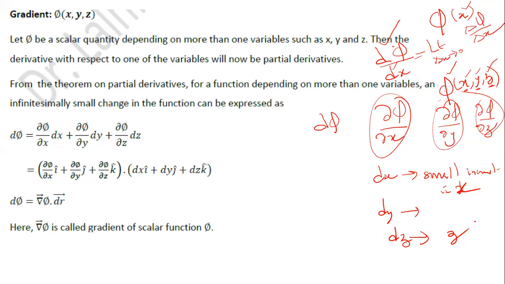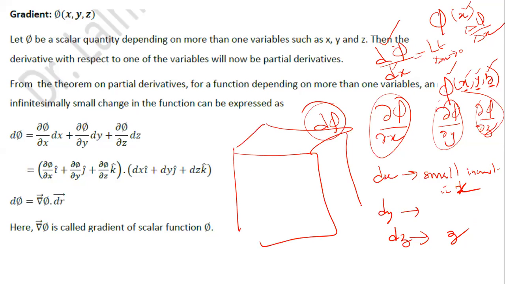So in order to change this function phi, you see that, let's say you have a certain three-dimensional space, something like this. If you have a certain phi here, and you have to change the phi value, phi is a scalar function.